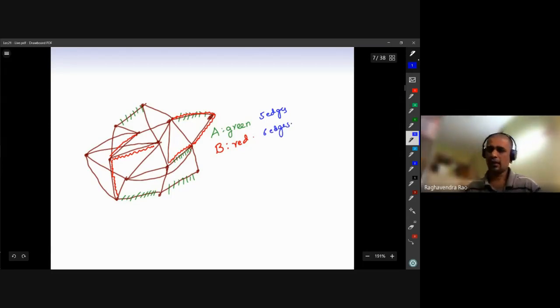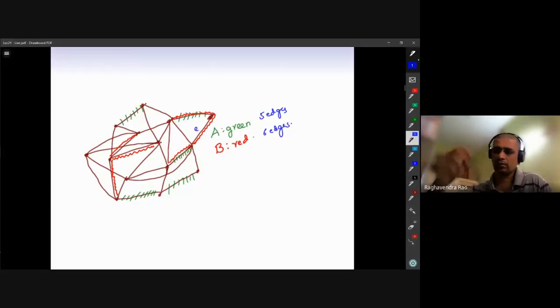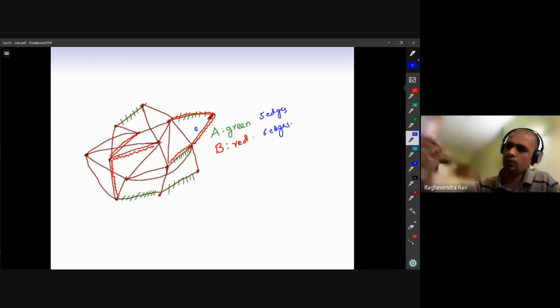So now let's look at the candidate e that we want. There are lots of e's here, which are candidates in this example. If I take, let's say, this as e and add this to A, it still remains a forest, right?